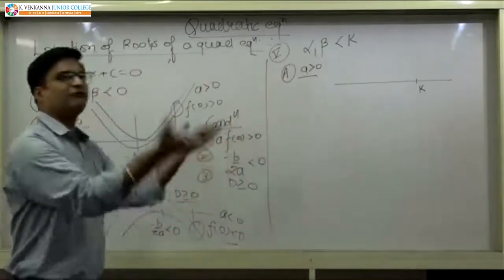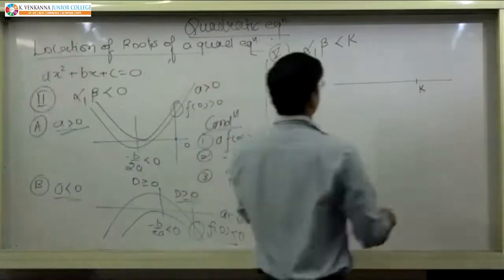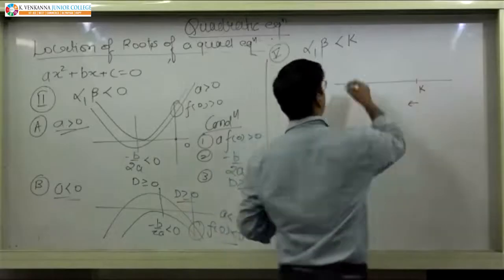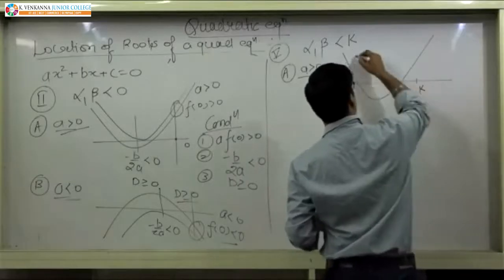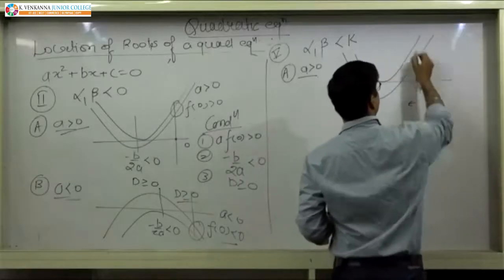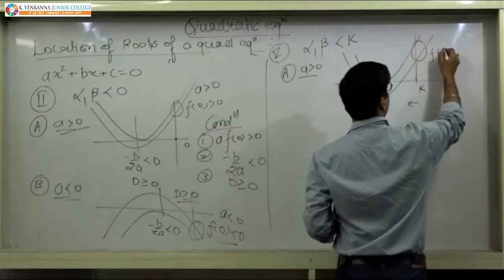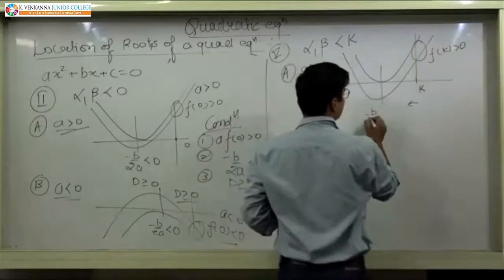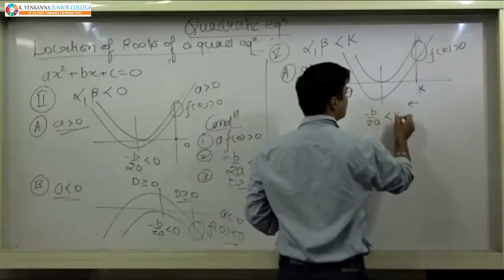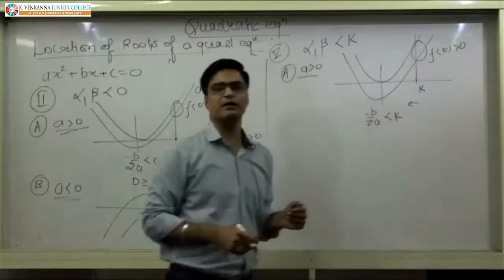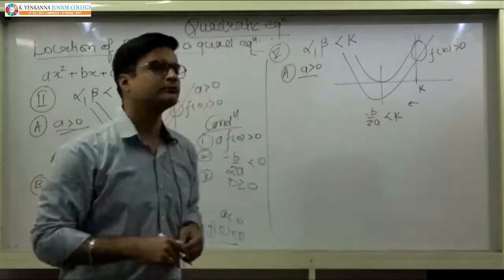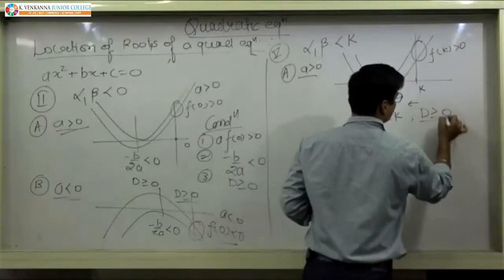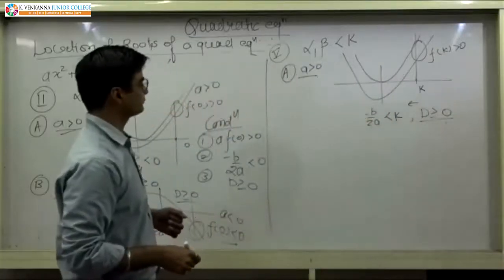Now, this is your upward opening parabola. So both the roots will come on the left hand side of this k. So it will be something like this. That means f of k is greater than 0. This turning point minus b by 2a is lesser than k because it is occurring on the left hand side of x equals k. And discriminant is obviously greater than or equal to 0. Roots are real.